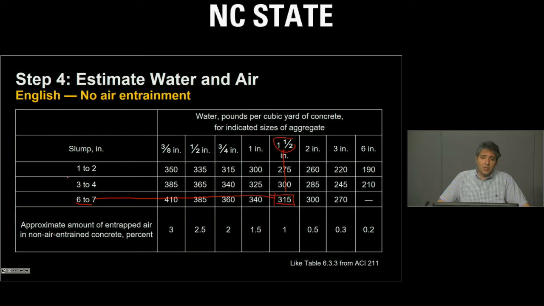And this is what we saw in the previous slide. In that particular case, there is some entrapped air inside the concrete, mainly because of the mixing process, that accounts for something around 1% of the total volume.